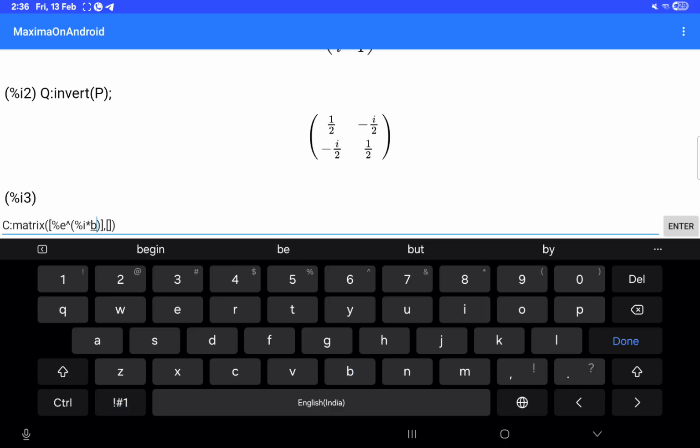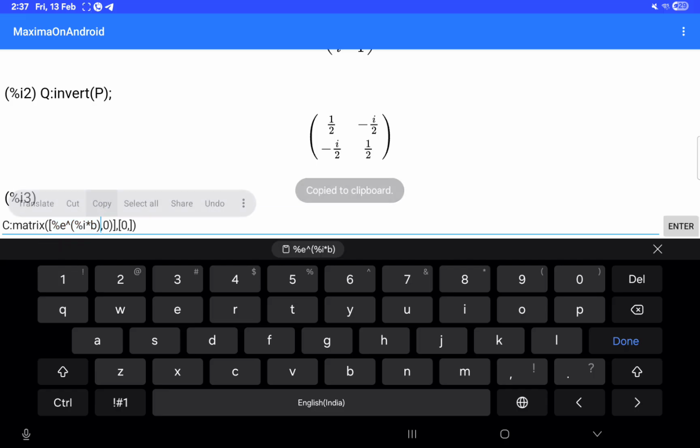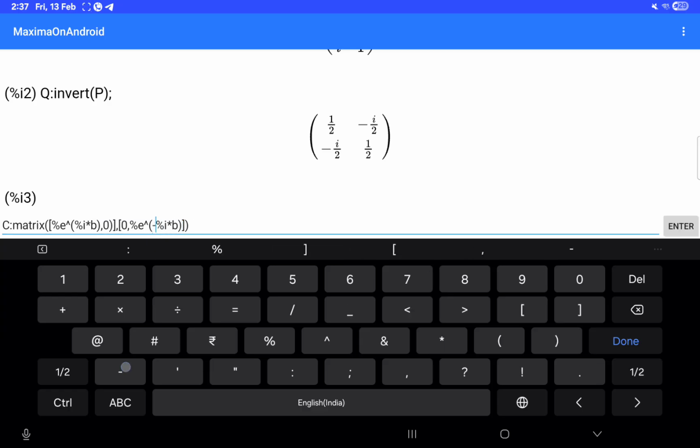Then close, comma 0, and the same thing I copy. 0 comma, if I can copy, why not copy, but I have to be careful with the sign. So let me copy, paste. So here we go.